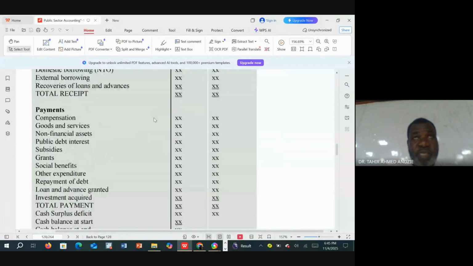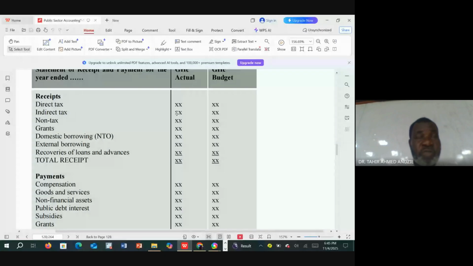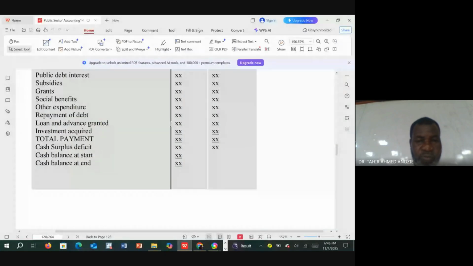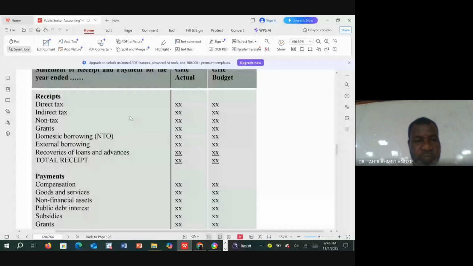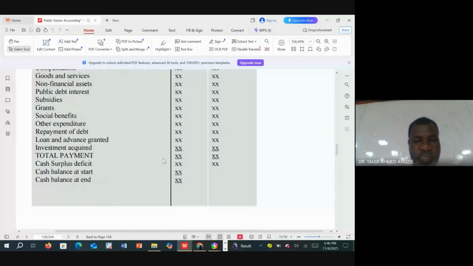So you start with the balance brought forward of the cash, and then you add the receipts less the total payment, and you get the balance carried down. Or you can start with the receipts less payment, get the surplus or deficit between the receipt and payment, and then add the starting balance, and you get a closing balance.